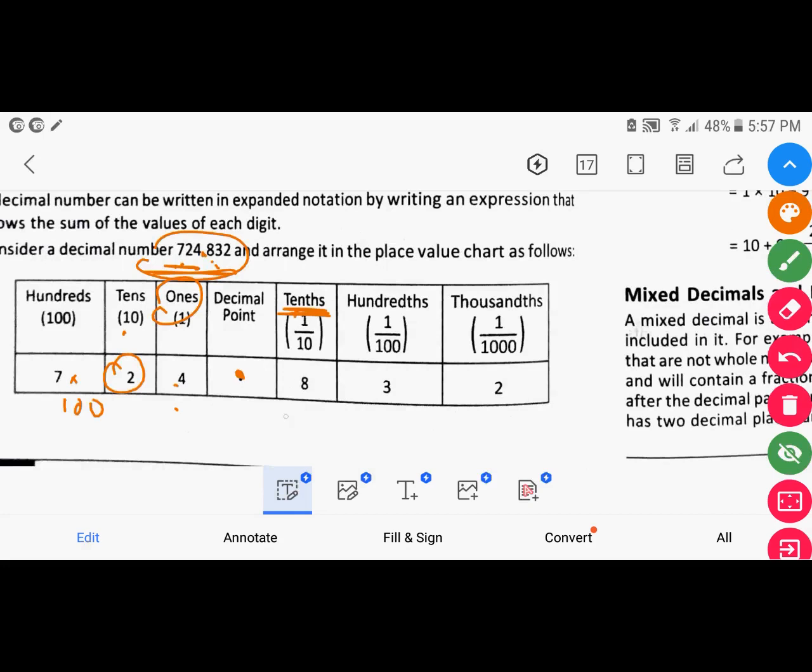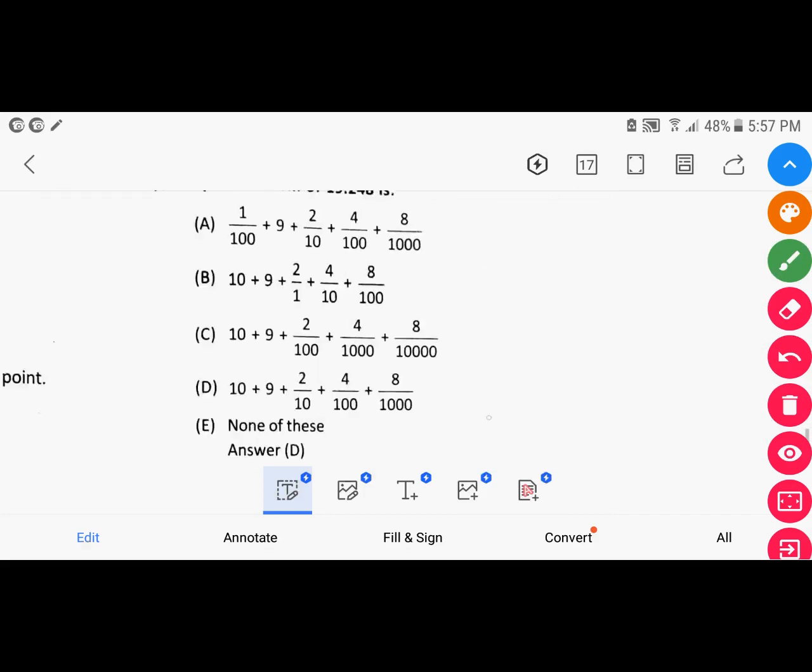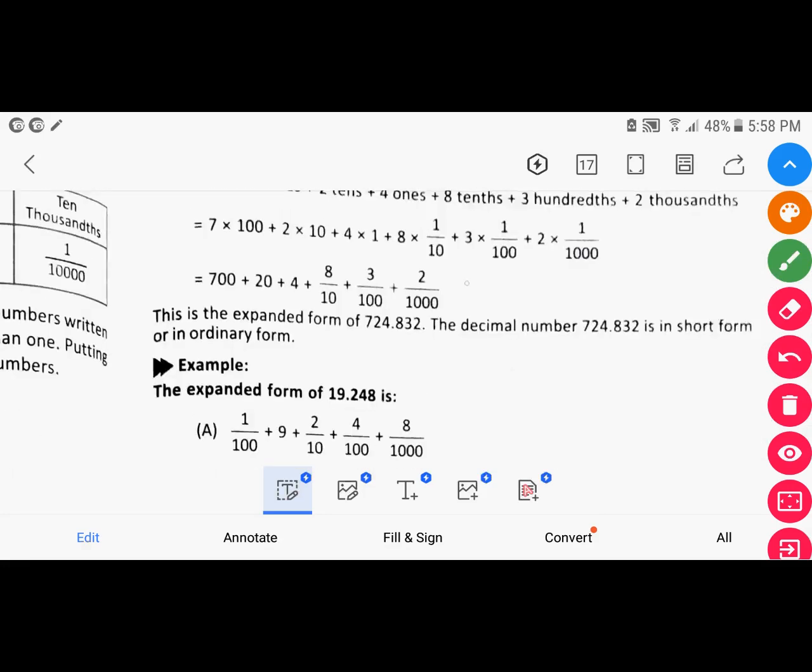So the number 8 is represented as 8 multiplied by 1/10th. Okay, tenth, not 10. Then 3 is at the hundredths position, 3 into 1/100th. And the 2 is at the thousandths position, so 2 into 1/1000. So this is represented in this format. The same thing is given here.